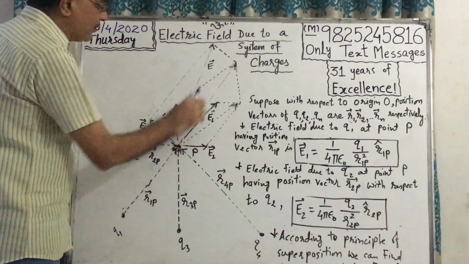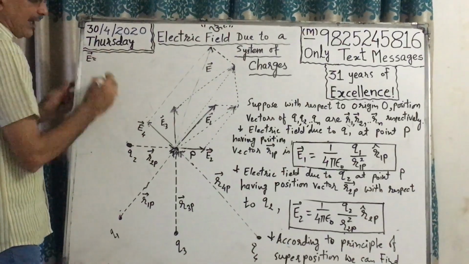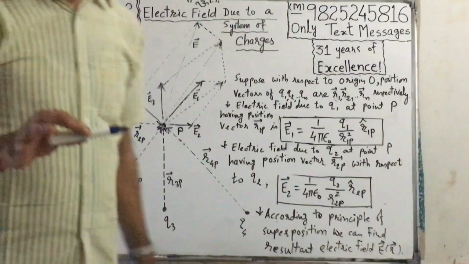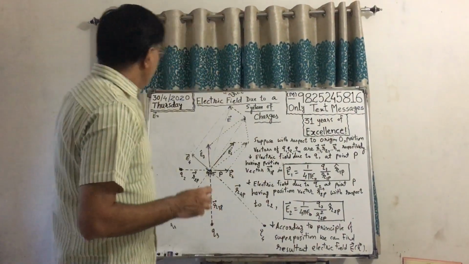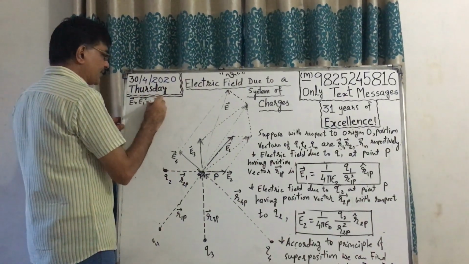This is the final diagonal, that is E. According to the principle of superposition, the resultant field is the vector sum of fields exerted by all point-like charges. So here E equals E1 plus E2 plus E3 plus E4 in this figure.